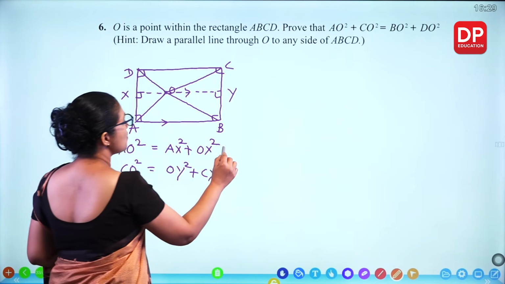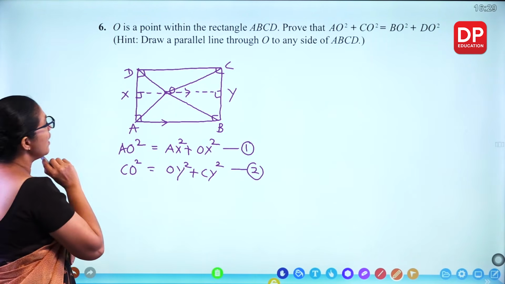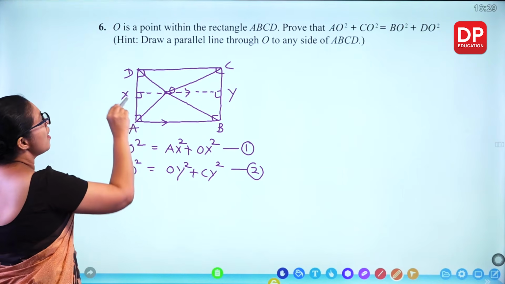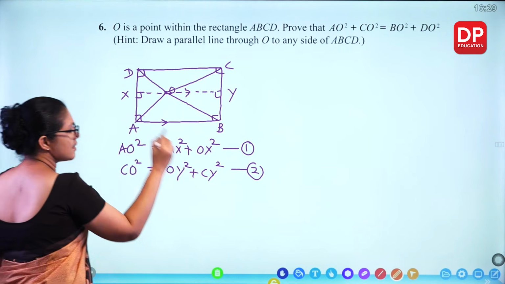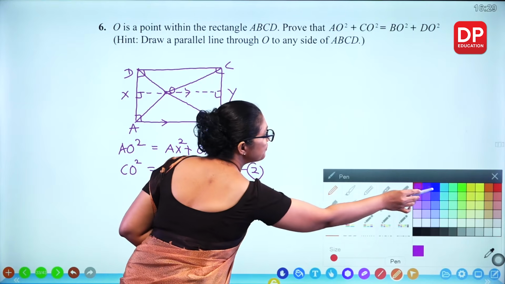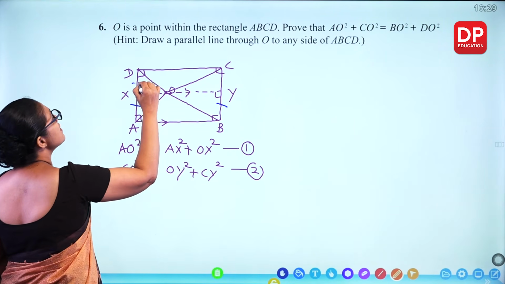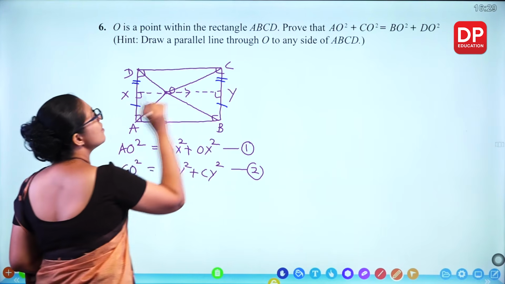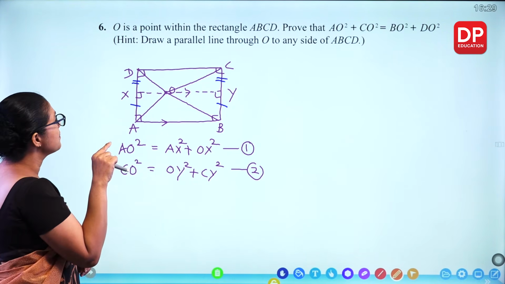Now I'll take this one as 1 and this one as 2. Also I drew a parallel line to this one, so this length is equal to this length, and this length is equal to this length because it's a parallel line.